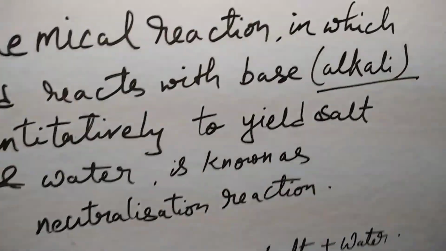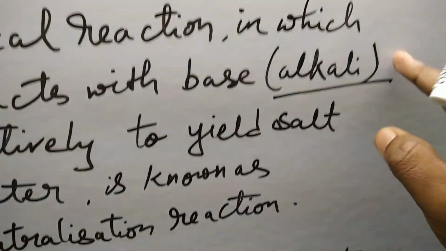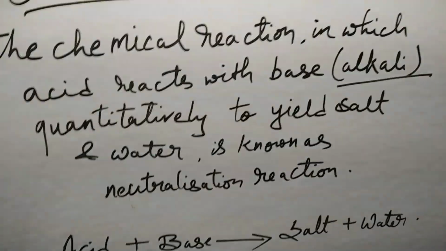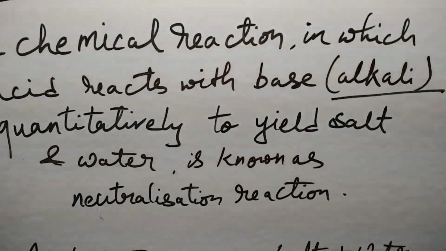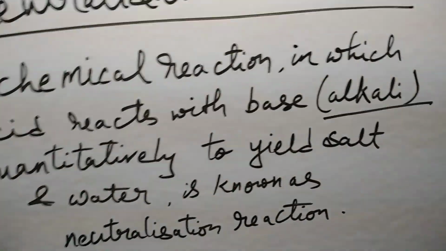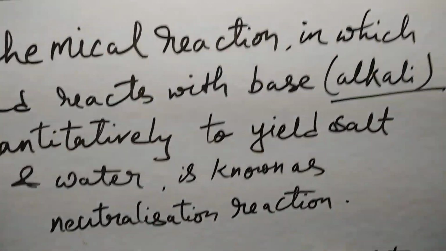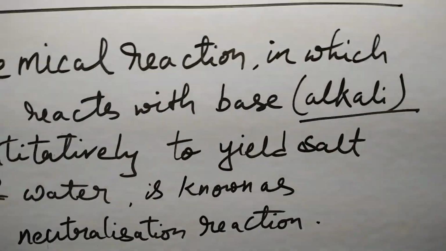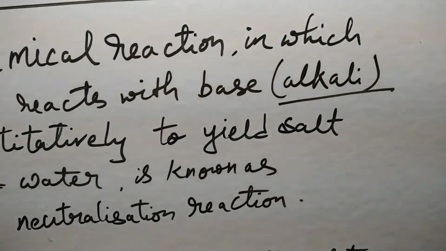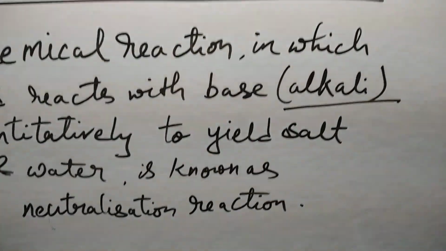Now see students, why I write alkali beside base. When we read the chapter acid, base and salt, we will use the term alkali many times. See, what are alkali? The bases which dissolve in water are known as alkali.